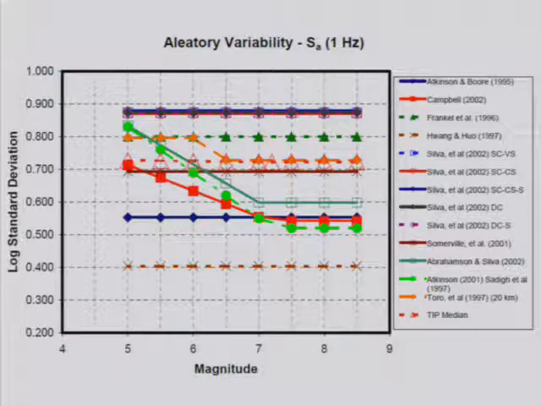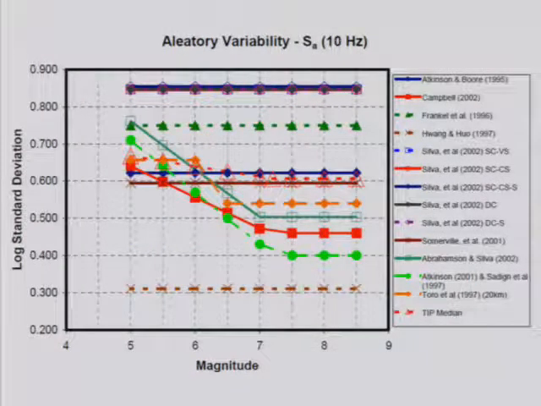And recalling the impact that sigma has on the hazard calculations, there needs to be some resolution of this, or maybe it cannot be resolved, maybe it can't be reduced at this stage, but it needs to be well characterized as part of the output of the NGA East project.